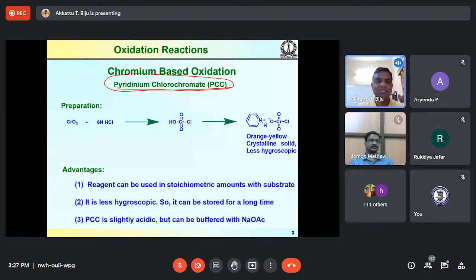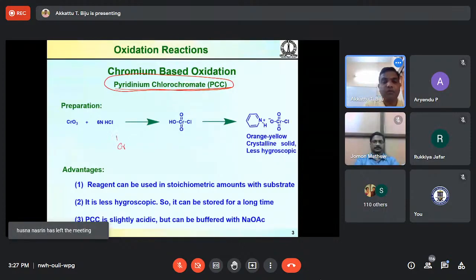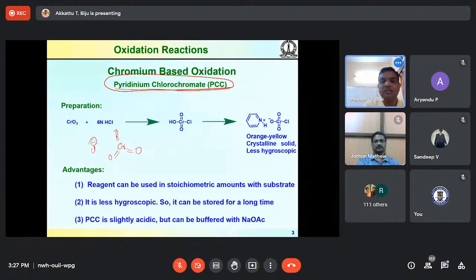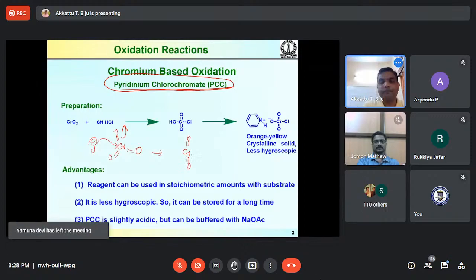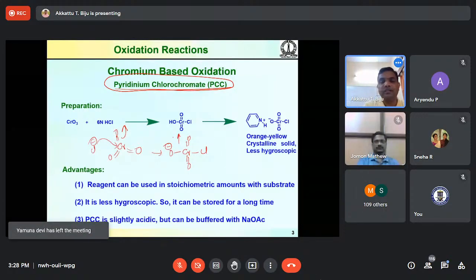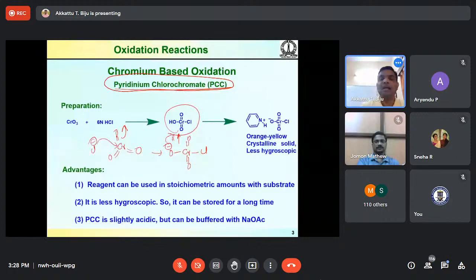So what happens is the chromium trioxide, you always start from chromium 6, which generates the O minus, and this gets protonated to form this intermediate.